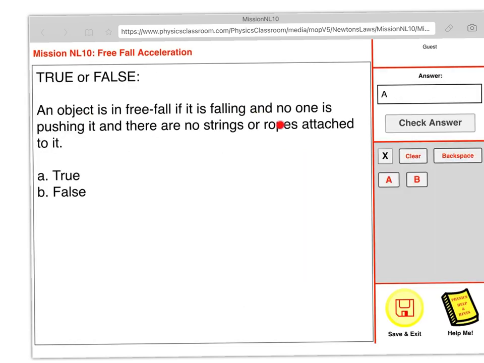Actually, I'm not sure about this one. Certainly this is true, but there's another condition of air resistance, so anyway, I picked true. If it ends up being false, it's because they didn't mention no air resistance. Let's see if it's accepted or not.